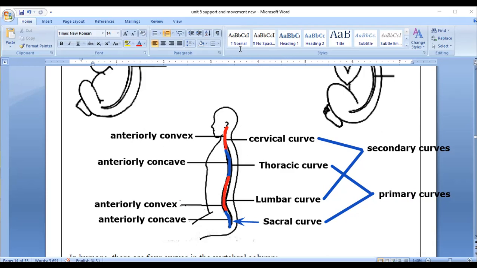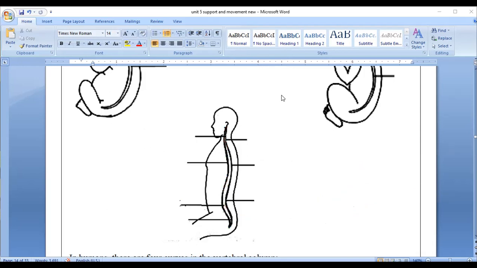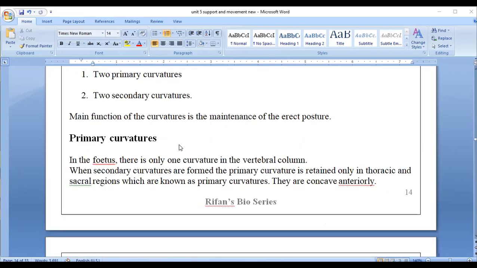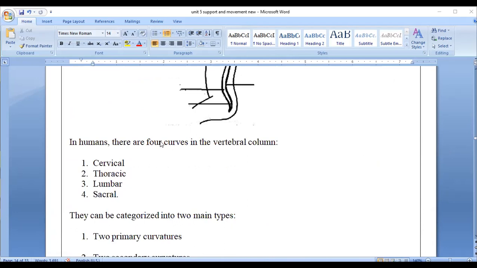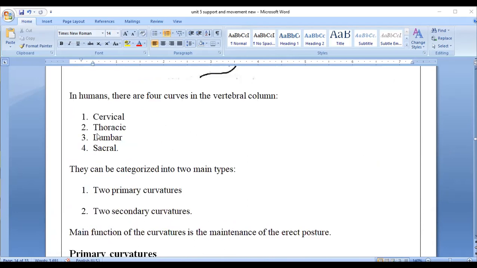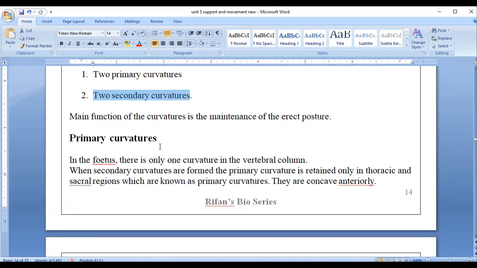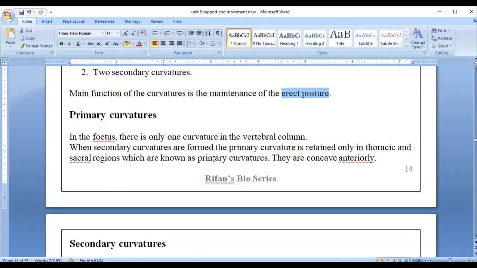Right? When the child is born, there will only be primary curvature. So everything I have explained to you: in humans, there are 4 curves. 2 of them are primary curves, 2 of them are secondary curves. They are very important for you to maintain an erect posture. In the fetus there is only one curve, a C shape.